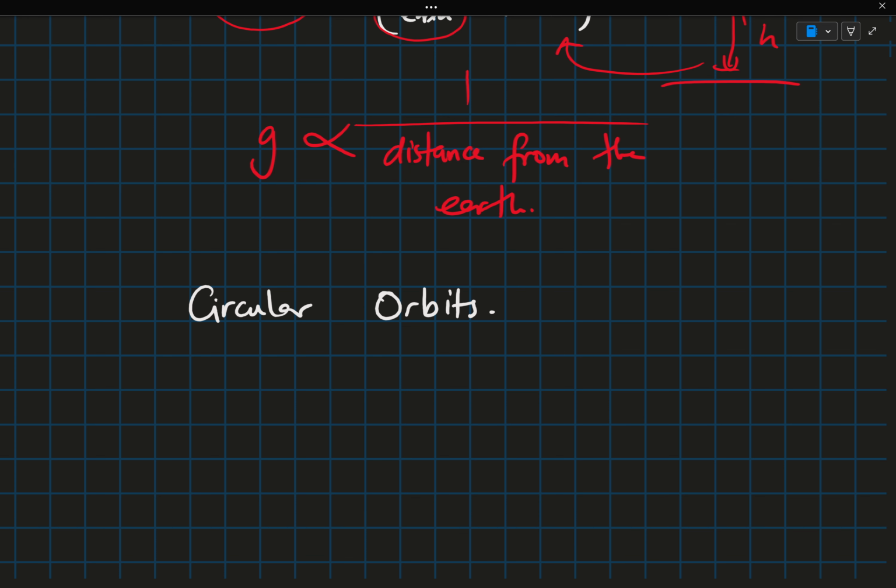Okay. Alrighty, so circular orbits now. Looking at circular orbits, we can move into it using the forces that we looked at. Notice that this is circular motion.